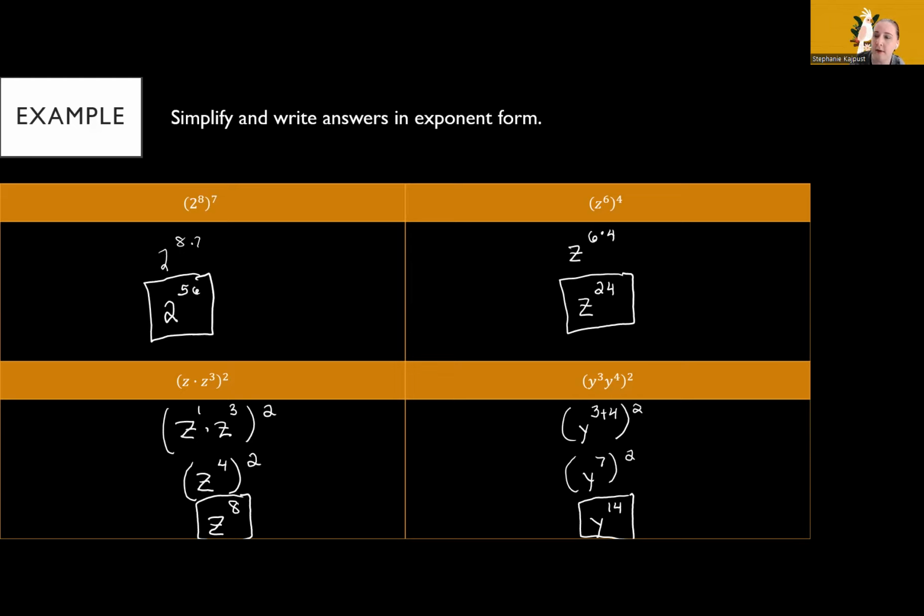So you'll get the same answer if you do the exponent first and then combine them. That doesn't always work with the normal order of operations, but for something like this, it does work. You can distribute that 2, apply it to the exponents separately, and then combine. But if you want to make sure that you're following the order of operations, you would simplify inside first.